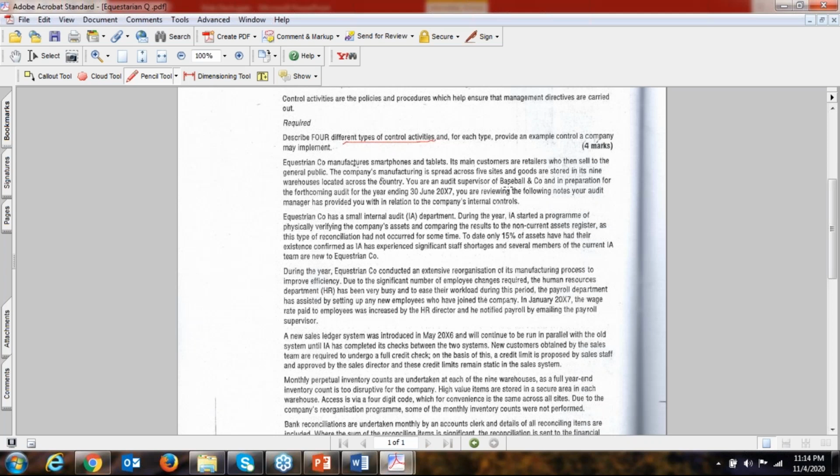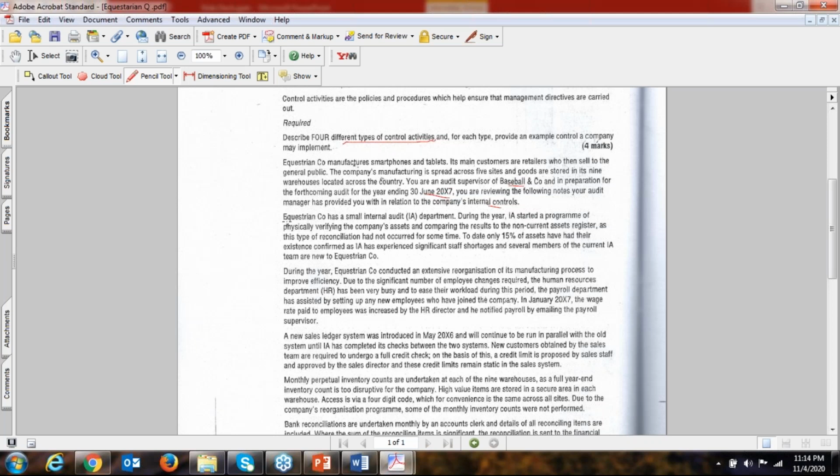The name of the audit firm is Baseball, and in preparation for the forthcoming audit for the year ended 30th June 2007, you are reviewing the following notes your audit manager has provided in relation to the company's internal controls. So this is just generic information, there is no need to review it again and again.